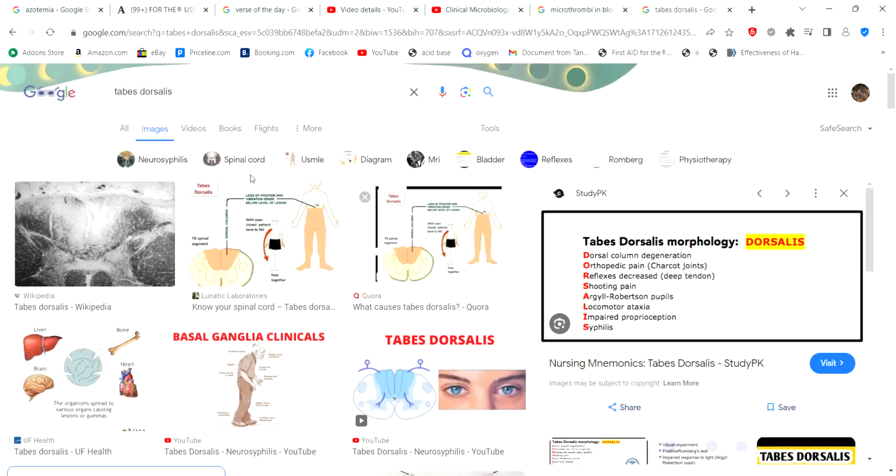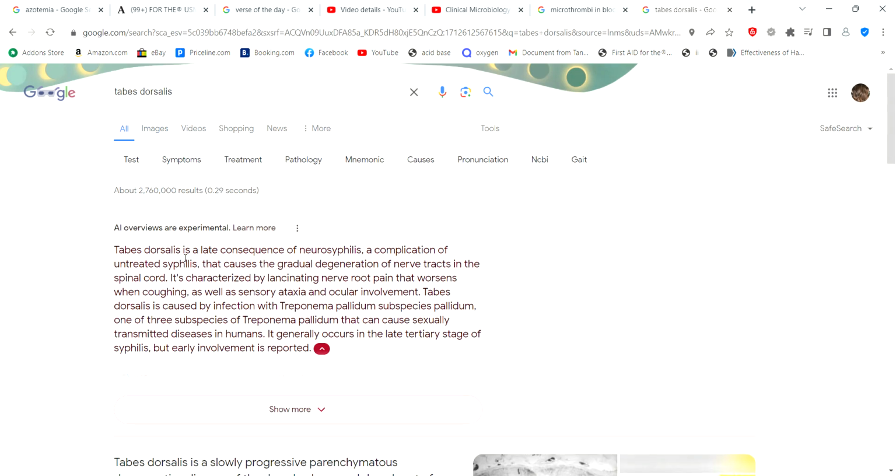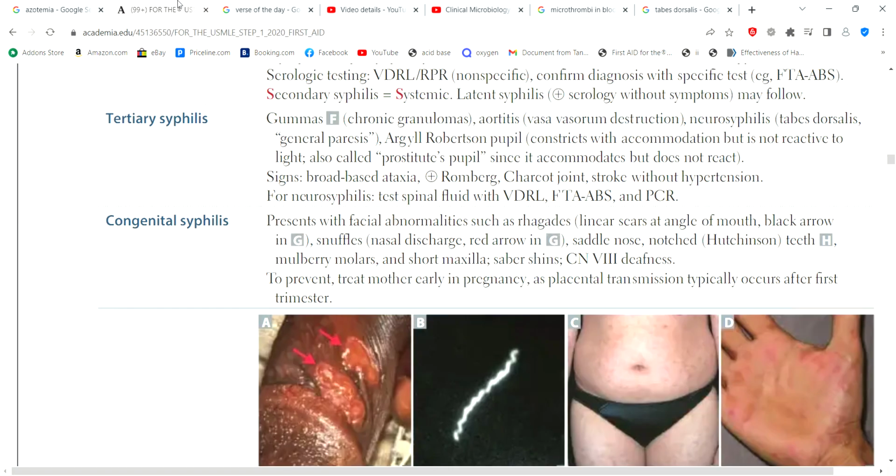It's a neurological late consequence of neurosyphilis, a complication of untreated syphilis that causes gradual degeneration of nerve tracts and spinal cord. So this one destroys your nerves. This is typically seen in later stage of syphilis.